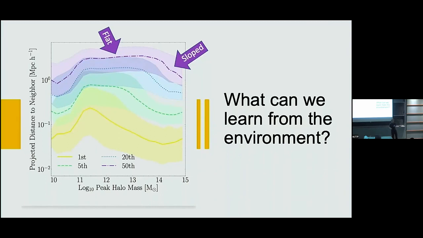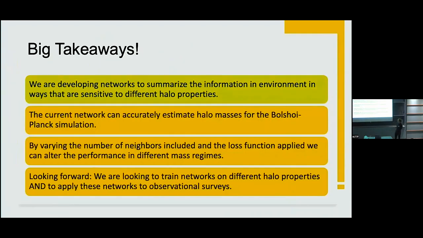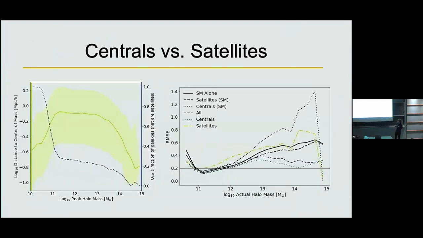Yes, okay, thank you. So my method is actually looking at both centrals and satellites. At the low mass end, we have predominantly satellites, and I think that is why, partially along with some selection effects, our performance is what it is here.